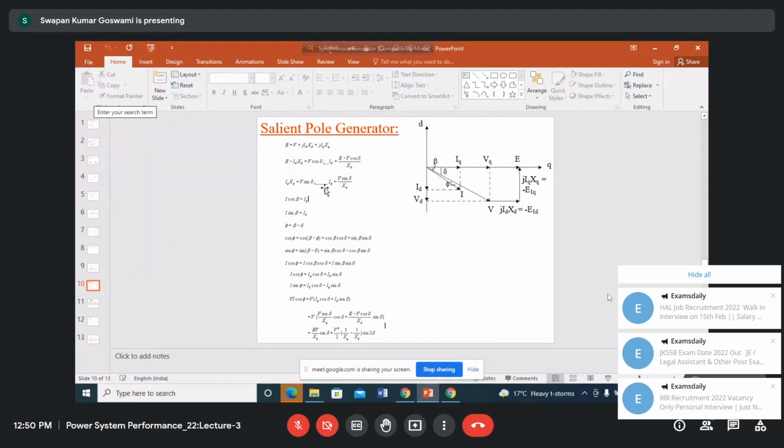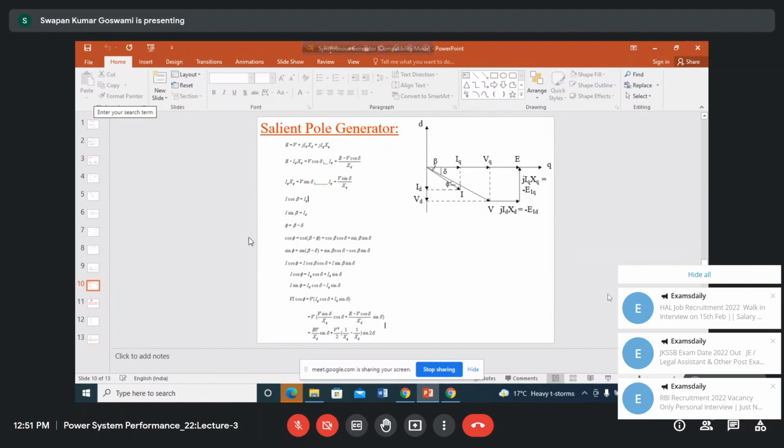The armature reaction along the pole axis is different from the reaction that happens along the quadrature axis. That's why salient pole machines are represented by two reactances: the direct axis reactance and the quadrature axis reactance.